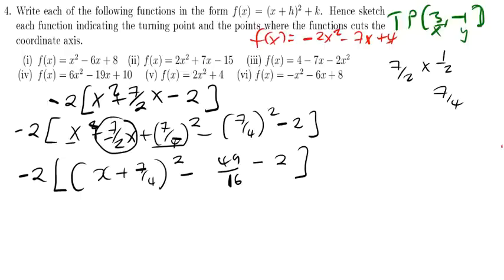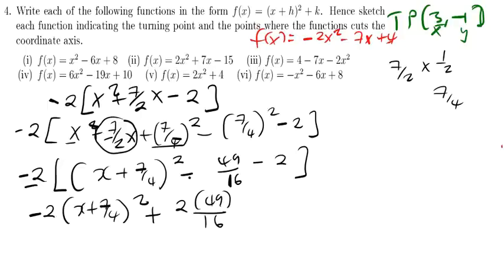You come to this point, the next thing is you can either deal with this one only the way it is first, or multiply this by everything. What I mean is, if I open the big bracket, it will be negative 2 times x plus 7 over 4 squared. Negative 2 times this negative, but again negative 2 will give me plus 2 times 49 over 16, then plus again, because negative 2 times negative 2 is plus 4.